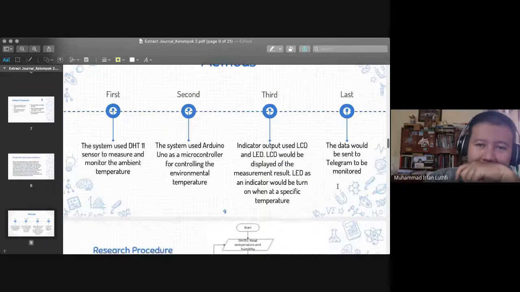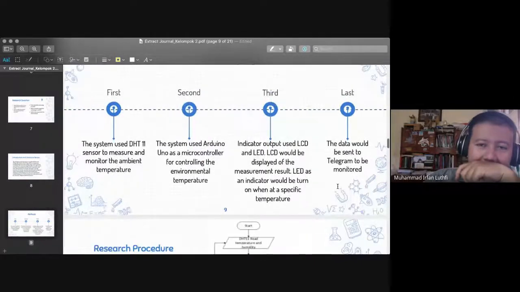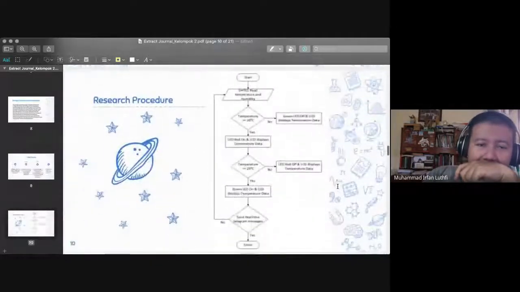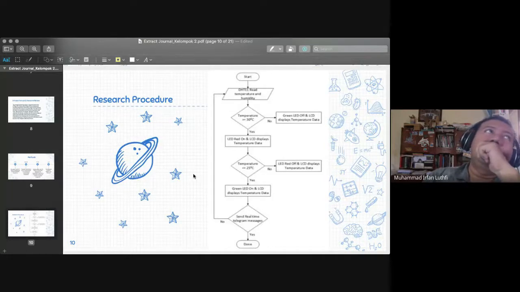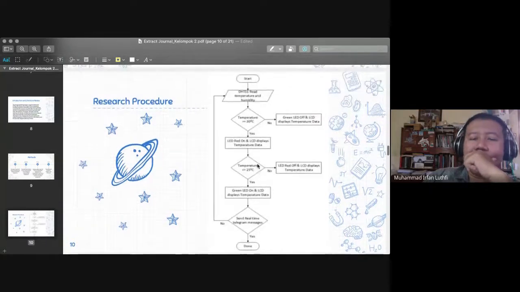So it's an architectural flow. This is another research procedure. This is also the flow. We can call this one the system architecture, no, system flow maybe, because this is a flow chart diagram, right?